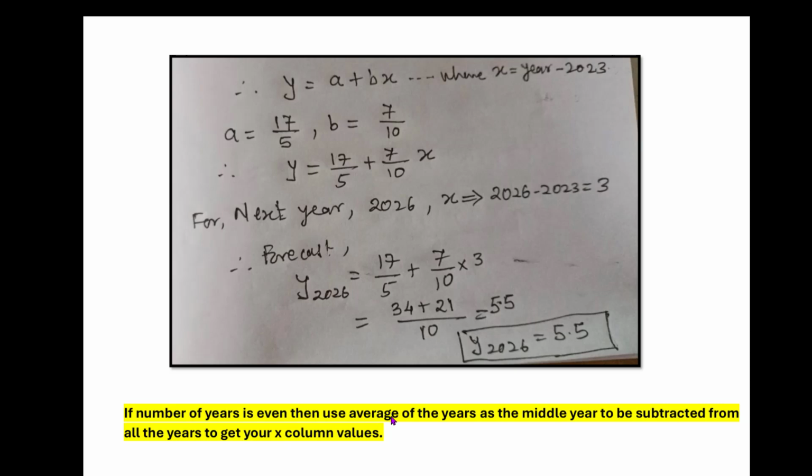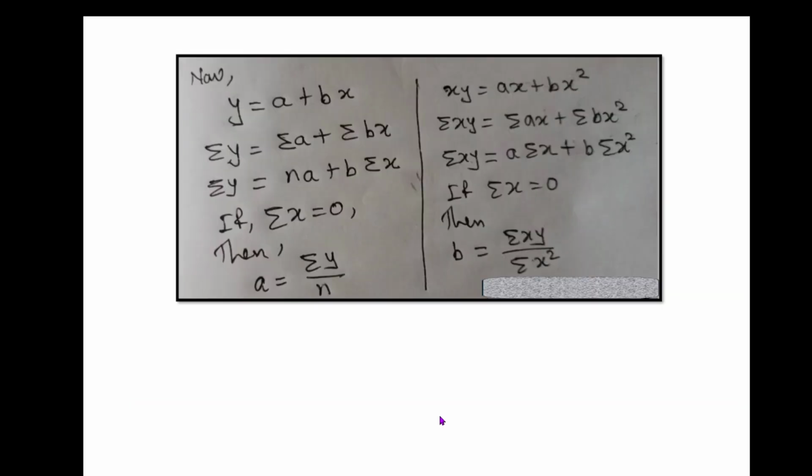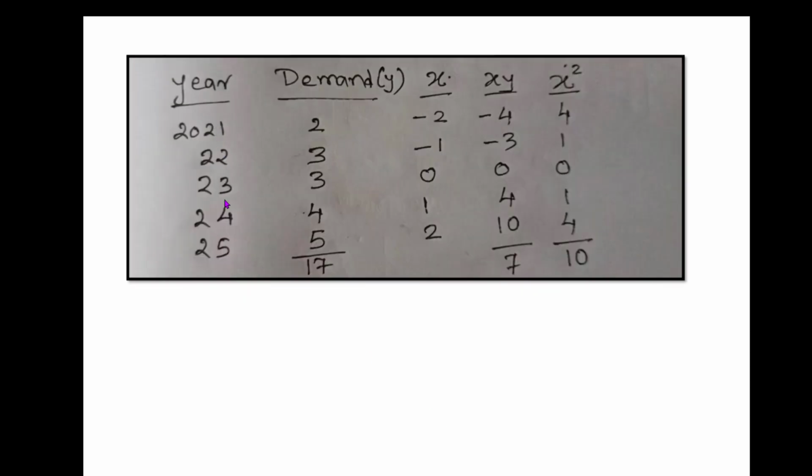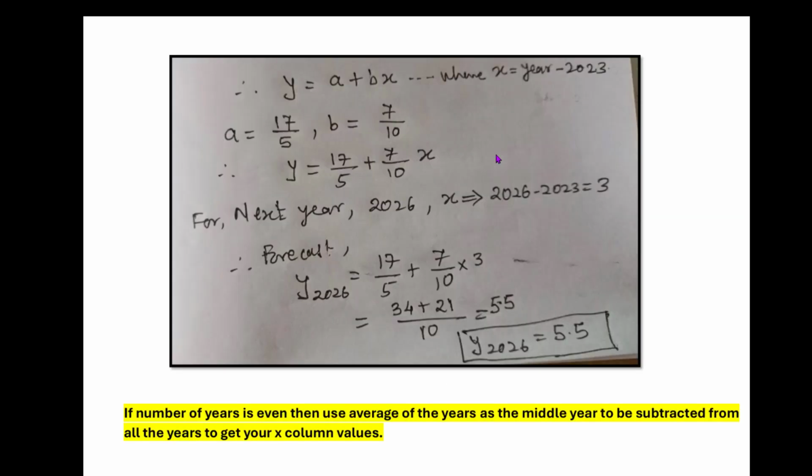Suppose you have 2021 to 2024, then it will be 2022.5. So you subtract 2022.5, and even then you will get sigma x equal to 0, and you can use this formula. So try it out and use this shortcut method as a first step in a seasonal demand question, to develop your next year forecast, and then proceed further to calculate next year's quarterly demands.